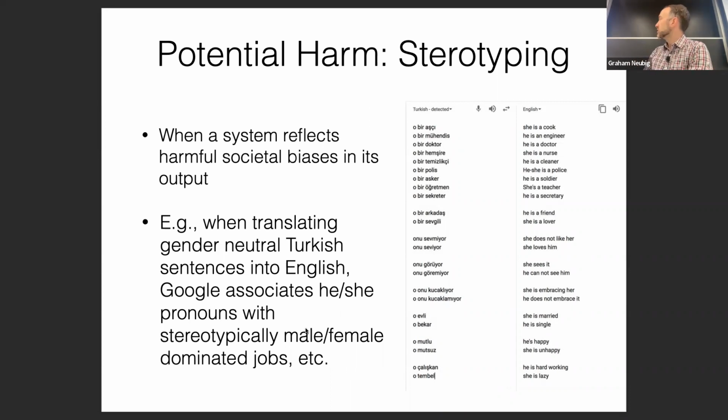And I should give Google credit for trying to tackle this problem seriously. If you just throw things into a machine learning system, it will just learn from the data, and whatever it learns from the data, it will spit out at you.